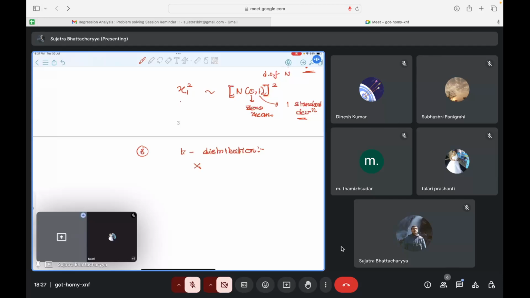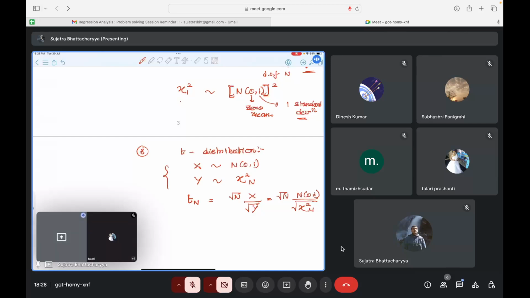If X is a random variable following the normal(0,1) distribution, and Y follows the chi-square n distribution, then T_n, the t distribution with n degrees of freedom, is equal to root n times X divided by root Y. Therefore, it is root n times normal(0,1) divided by the root of chi-square n. This is how the t distribution can be created.